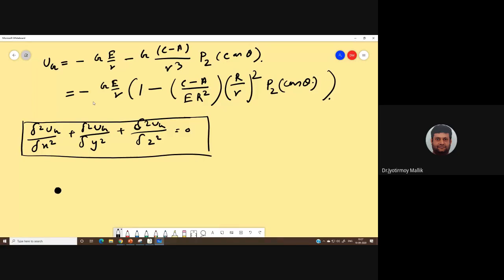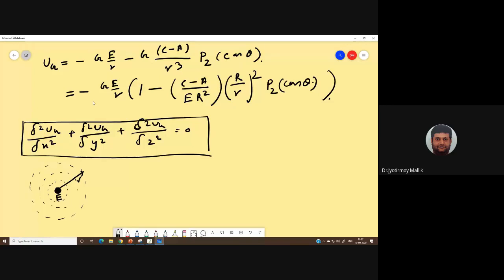I'm trying to explain this equation in physical terms, which is important for us to understand. Suppose this is my Earth, and the intensity of the gravitational field becomes weaker as we move away from the Earth, and it becomes 0 at infinity.